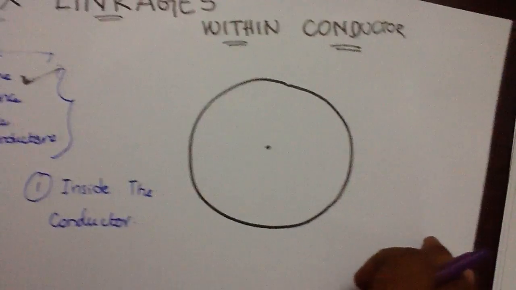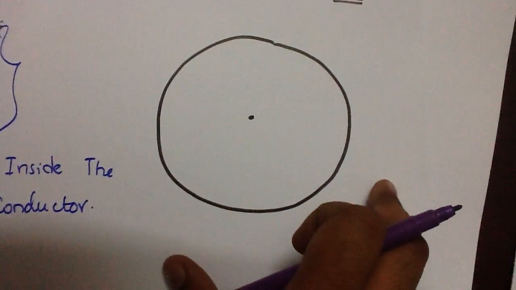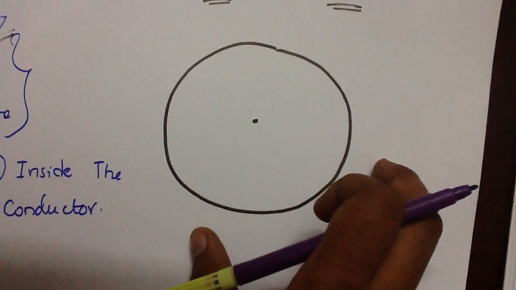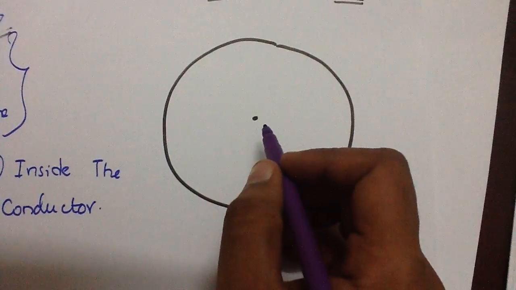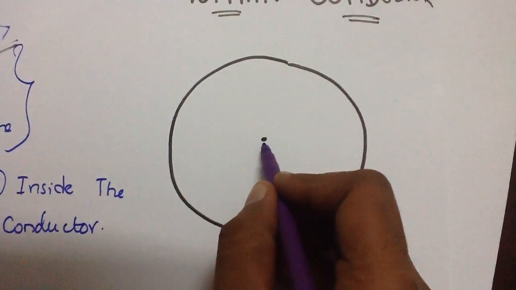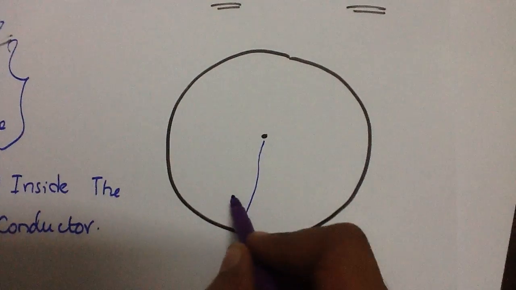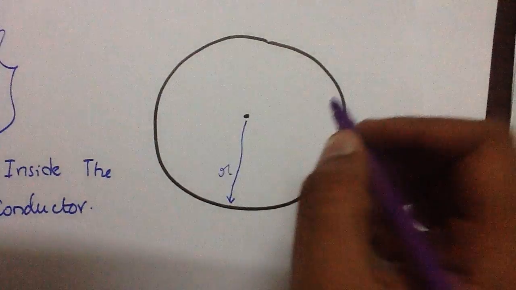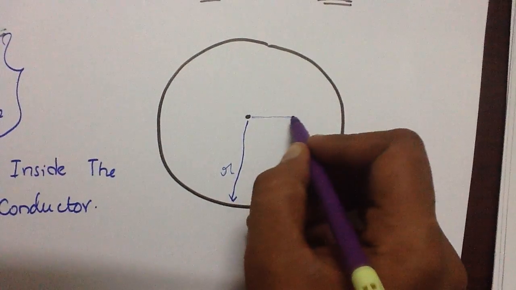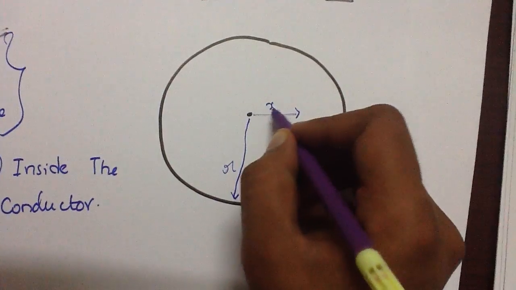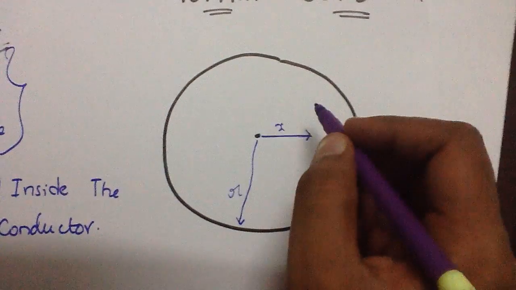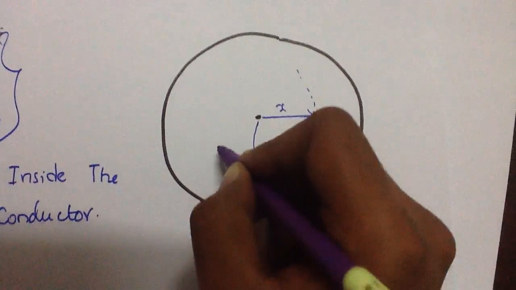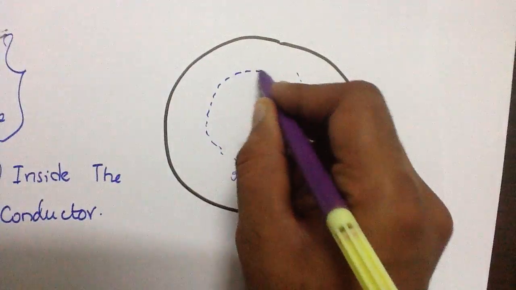Okay, for that I need you to focus on this. This is a conductor. Now I am assuming this distance to be r, and at a distance of x, I'm just drawing a circle with radius x.